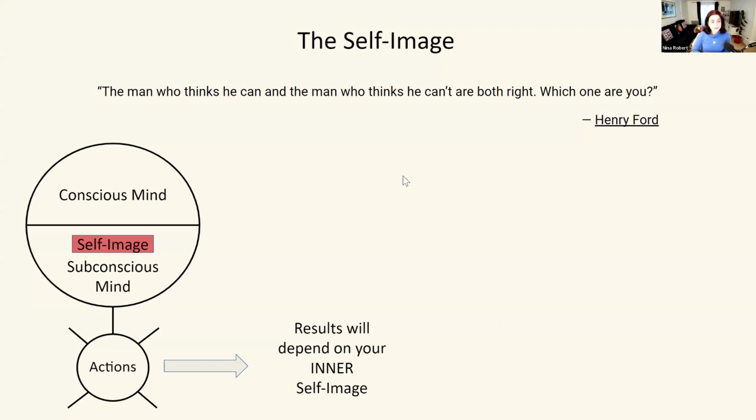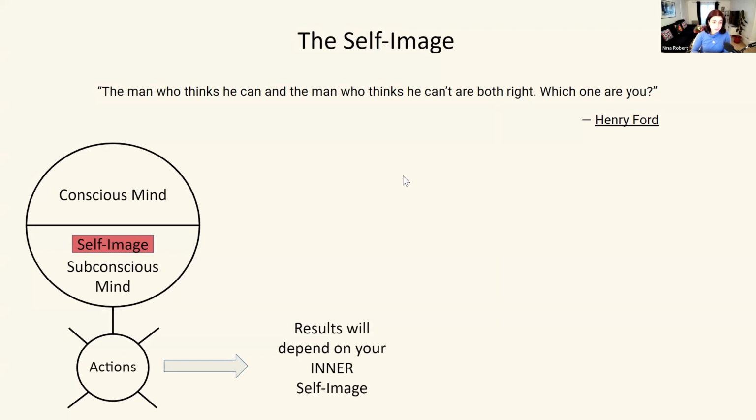We see the first half, the conscious mind, and the second half, the subconscious mind. And today I wanted to talk about the self-image. The self-image is one of the composites of the subconscious mind, where our paradigm is stored, but it's also where our self-image is, that is the inner hidden image that we have of ourselves, the opinion that we have of ourselves, and also whatever limits or whatever capacity we think we have.